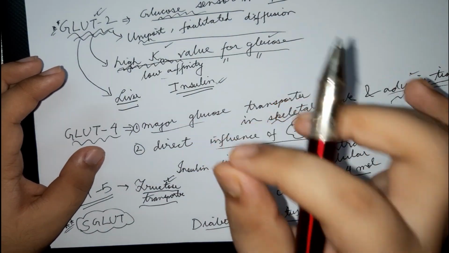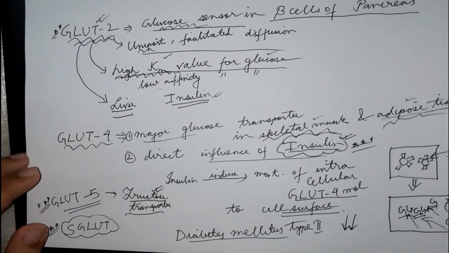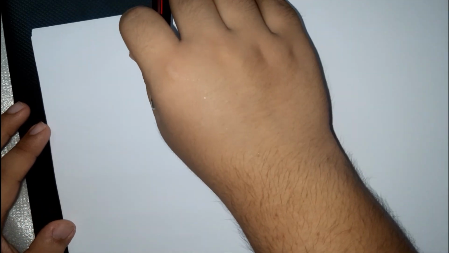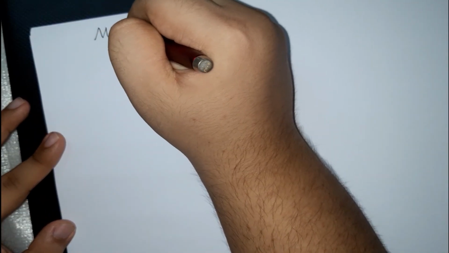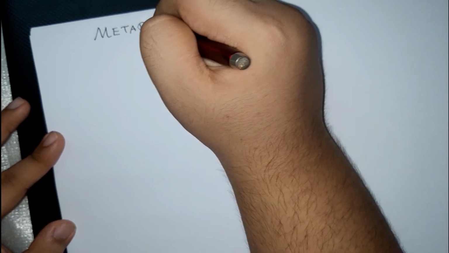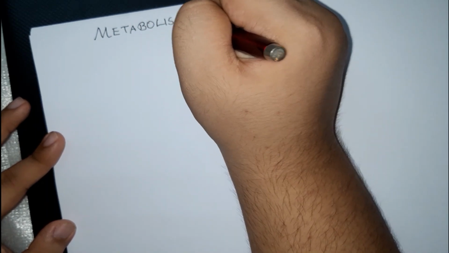We won't be able to complete it in this discussion, so there will be a video coming after this that will complete glycolysis as such, but at least let's start glycolysis in this video. So we talk about the actual metabolism.